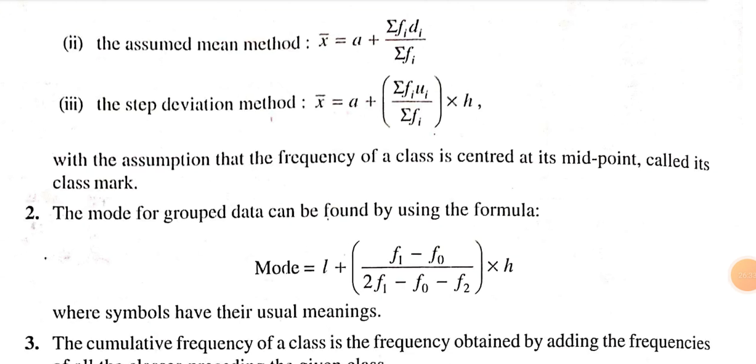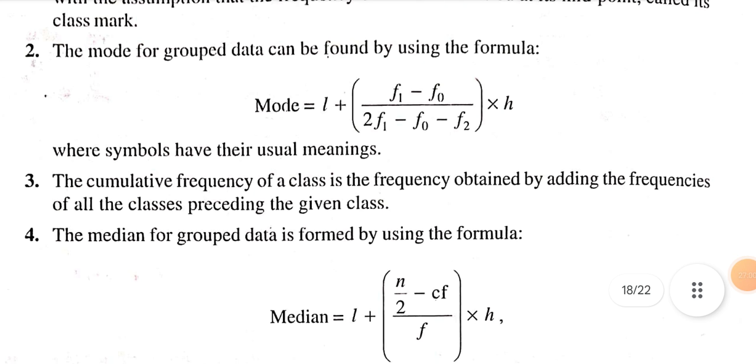The assumed mean method: x̄ = a + Σfᵢdᵢ / Σfᵢ. 3. The step deviation method: x̄ = a + (Σfᵢuᵢ / Σfᵢ) × h, with the assumption that the frequency of a class is centered at the midpoint, called its class mark.